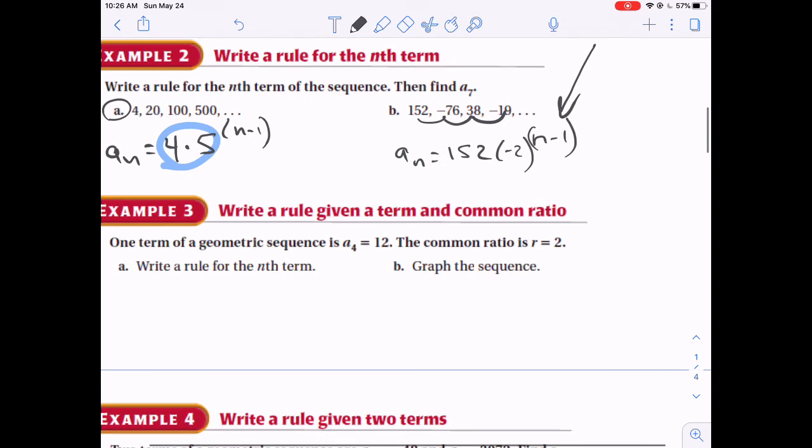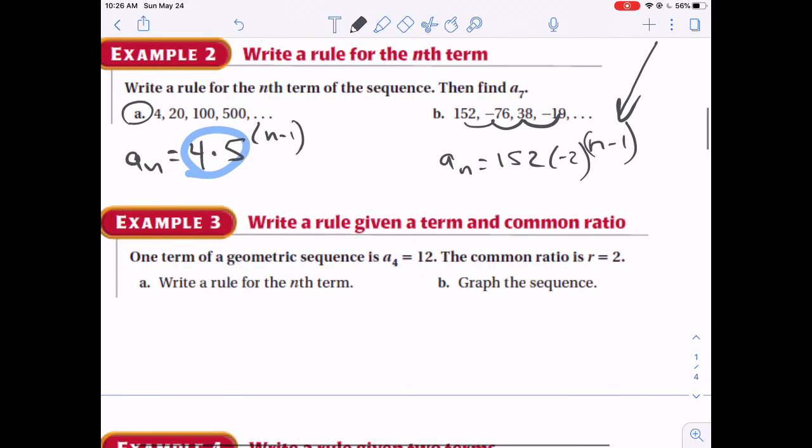All right, last example. Similar to what we do with arithmetic, we're going to give you a number out there someplace in the sequence, and give you the rate of change, the ratio, and then come up with the rule. So again, writing the basic rule here for you is a sub n equals A1 times r to the n minus 1. So that's what we're trying to fill in. And we are trying to get our A1 and our r.